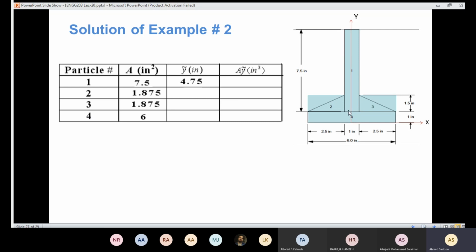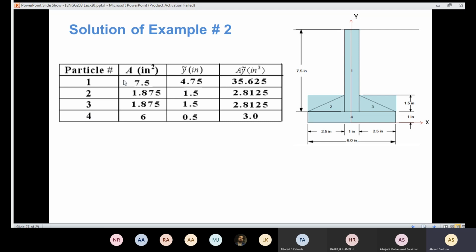So I'm going to have 1 plus 0.5, which is 1.5. Similarly, for that triangle here, it is 1.5. Now regarding the rectangle here, the y is going to be half of 1, which is 0.5. So here I'm going to have y hat, which is 0.5. Then multiply this one by this one, and by that one. So I'm going to have this number, and that number.